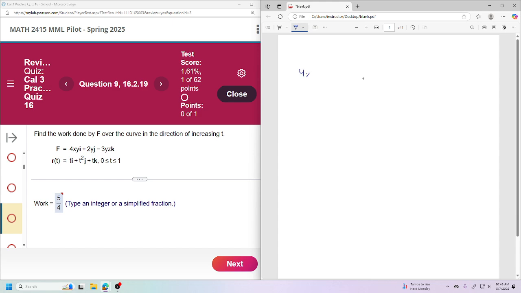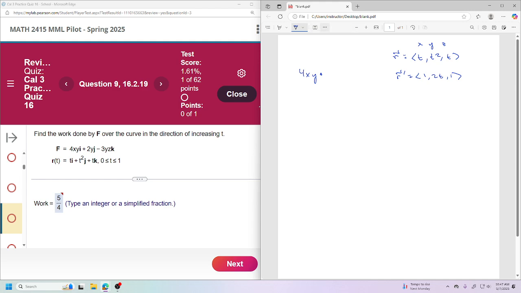Okay. So yeah, it's 4xy times, I would have to do my derivative squared. Okay, let's pause, start over. My r, t squared, t. So my r prime, 1, 2t, 1. There's really no good way around this.